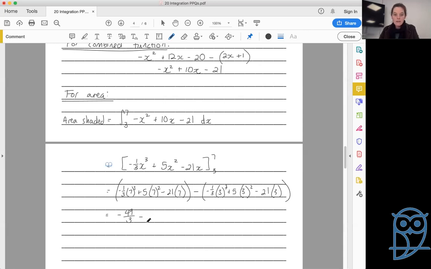Minus, in our second bracket, all of this brings us to minus 27, which takes us to 32 over 3. So it's rather a massively top-heavy fraction. So let's take this one down to 10 2/3 units squared.